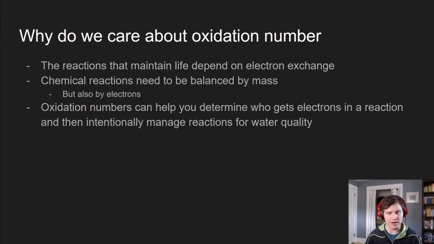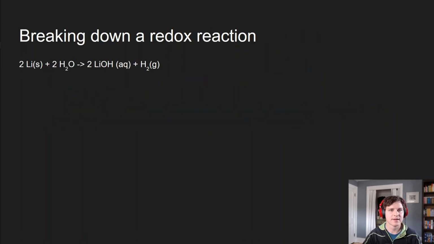When we've talked about anoxic conditions in class, or adding bleach to disinfect water at water treatment plants, that all goes back to these ideas about electron exchange and changing oxidation numbers. So it's the core of how we manage water quality and also how we understand water quality in the environment. So now we can break down this lithium reaction.